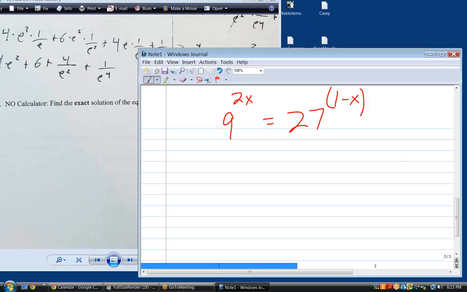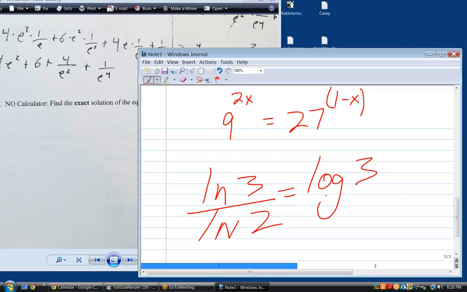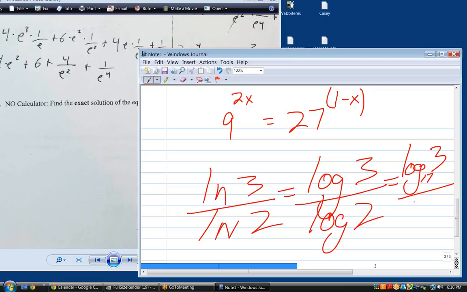And it doesn't matter whether you use common log or natural log. And the reason it doesn't matter is because of this. If I say the natural log of that, that's exactly the same ratio as the common log. That's exactly the same ratio as the log base 17. All these log ratios are the same, no matter what the base is.